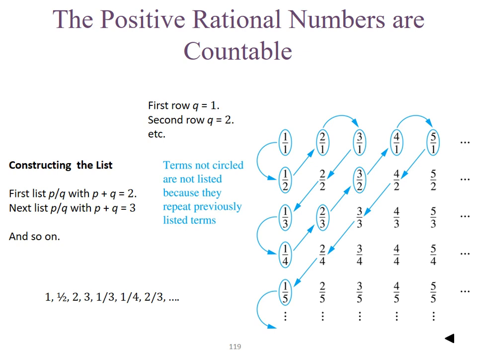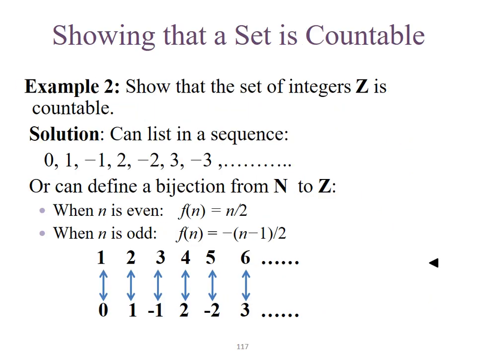So we just pass over these repeated elements. You can see we have cycles of these elements, and that is how we arrange the order of this system.